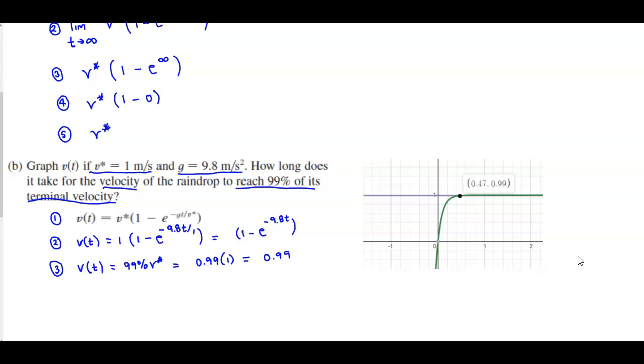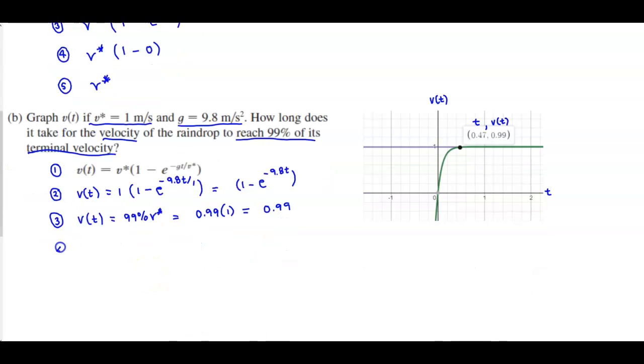Recall that t represents the horizontal axis, and v of t is the vertical axis. So that means that t equals 0.47, and the output is 0.99, which is what we got here.